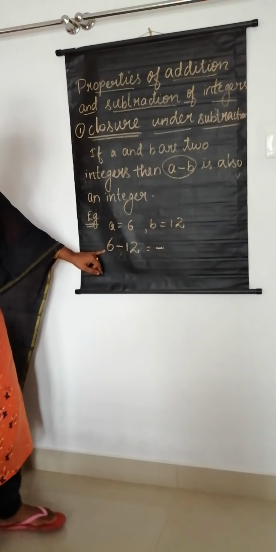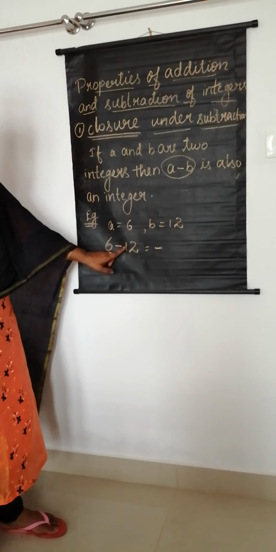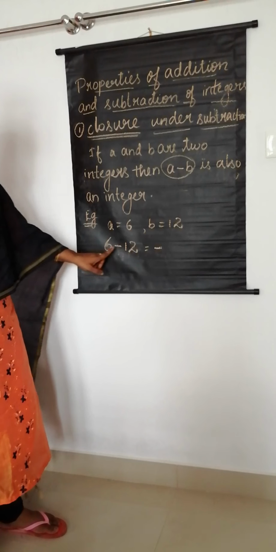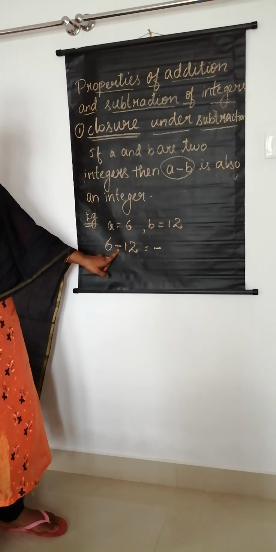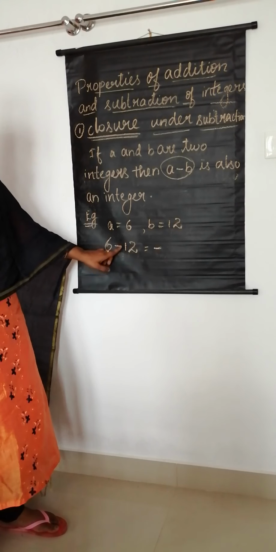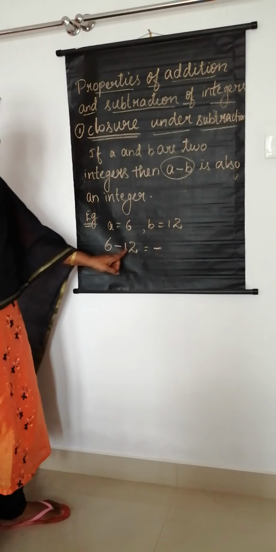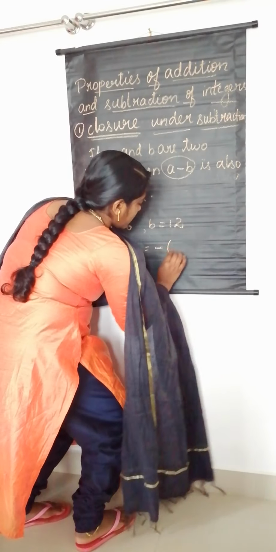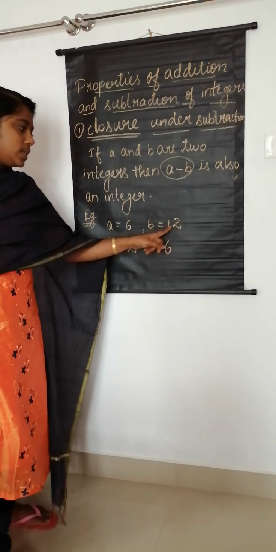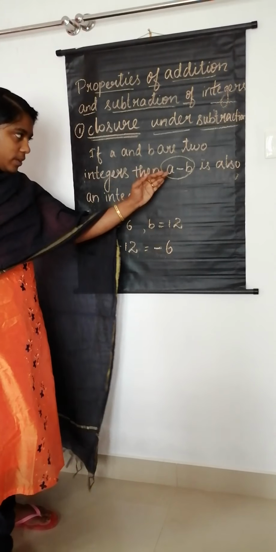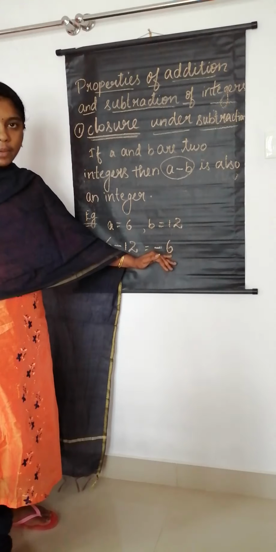Here 6 is the smaller number, 12 is the bigger number, and the minus sign is in front of the bigger number, so our answer will be negative. If we take 6 from 12, we have 6. So A is equal to 6, B is equal to 12, and from A we are minusing B, that is 6 minus 12. When we do it, we get the answer as minus 6.